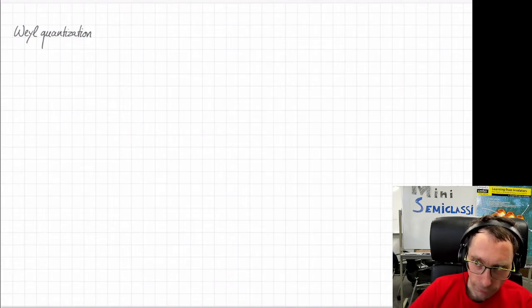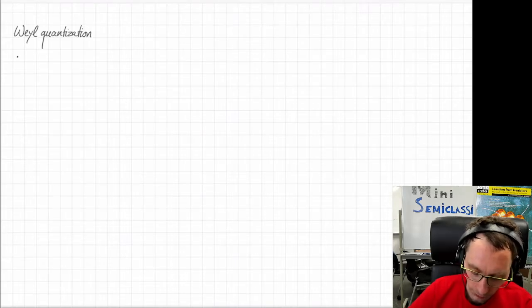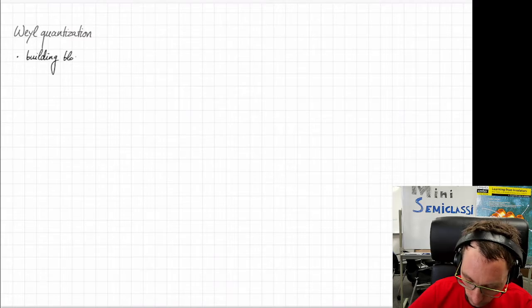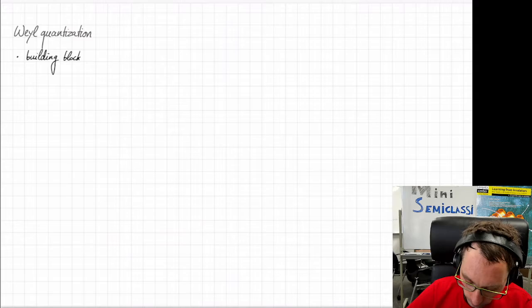So let me first start with some of the basics. I always like to start with what I call the building block observables. And these are just position and momentum.